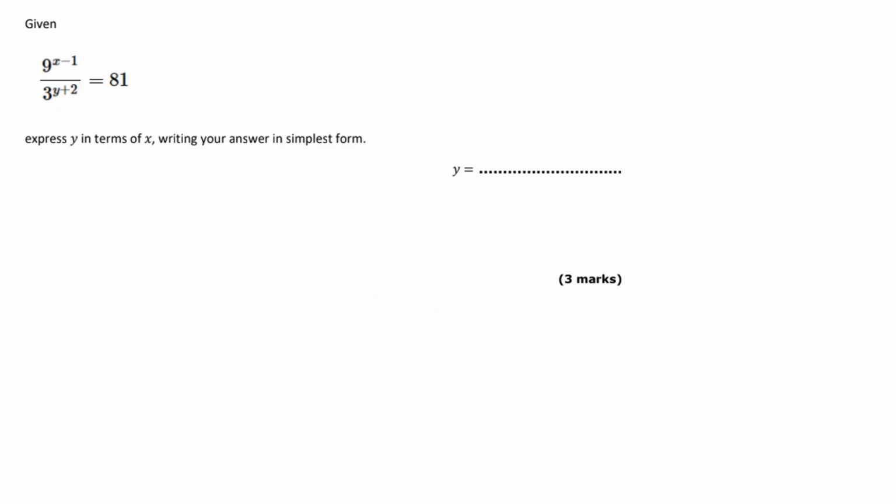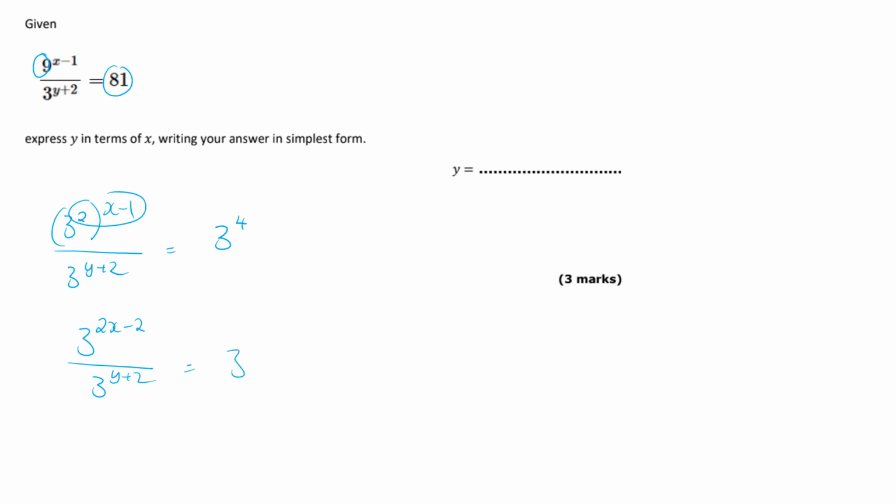So here we go. This question is all about base 3. Rewriting the 9 as 3 squared, that's to the x minus 1 all over 3 to the y plus 2 is equal to 81, which is 3 to the 4. Multiplying these two together, you've got 3 to the 2x minus 2 all over 3 to the y plus 2 is equal to 3 to the 4.